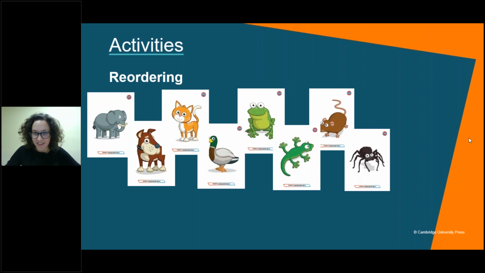Any ideas? Come on. Later on, you will be able to use these ideas for your own reordering. For example, from the one I like the most to the one I don't like most. Okay, I don't get any answers, but I've got a lot of activities, so I will just continue.